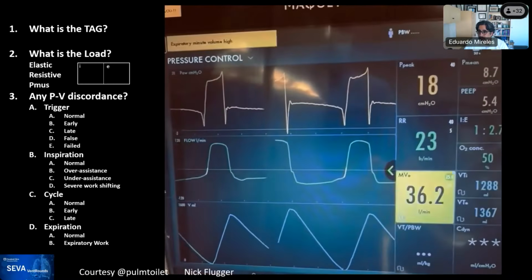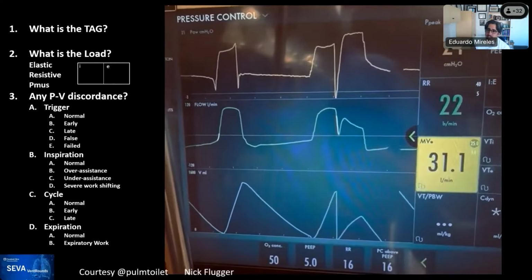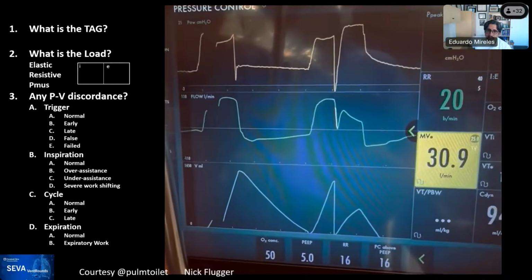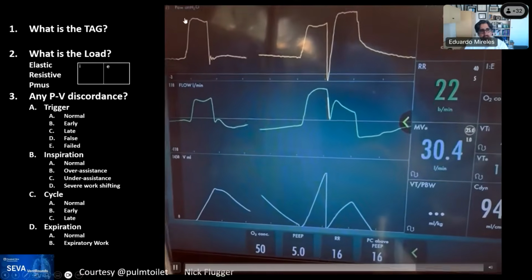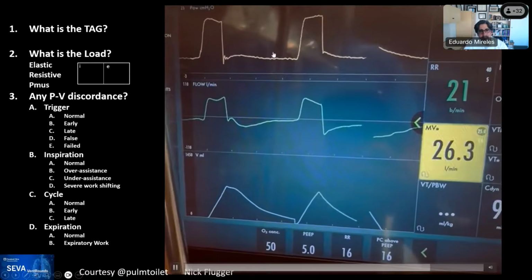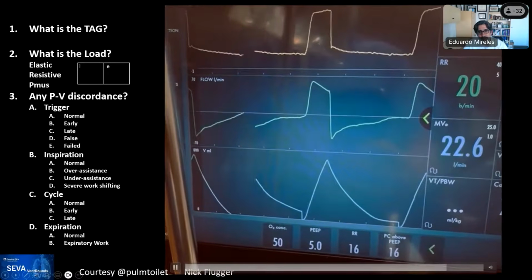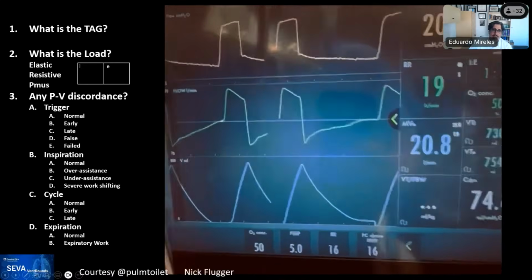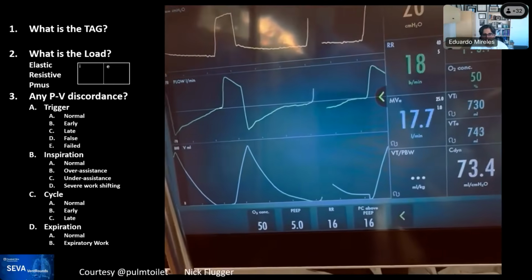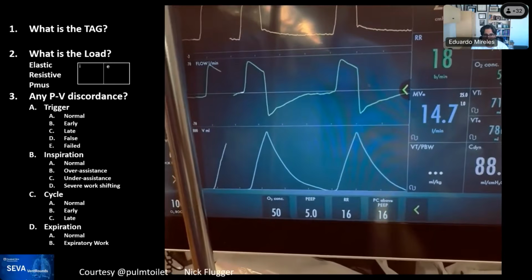Let's see, there's another option that says PRVC and RSAL. The challenge with PRVC on this is that if your goal was to keep the tidal volume at the same level, the ventilator will be dropping the amount of support and then increasing the amount of support. So in a way, it's a poor man's ASV for this mode.